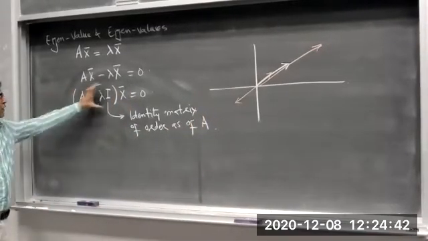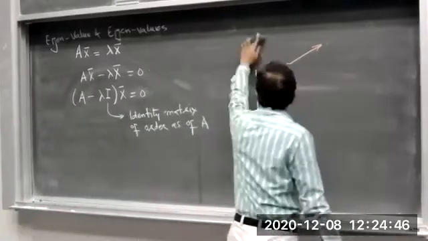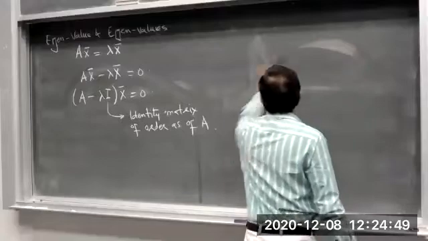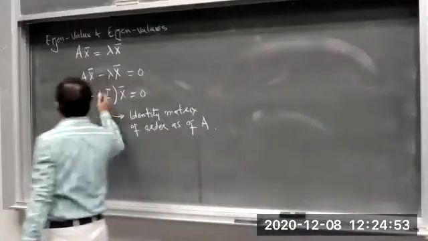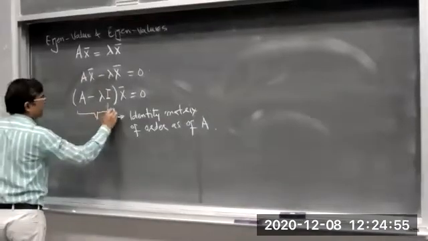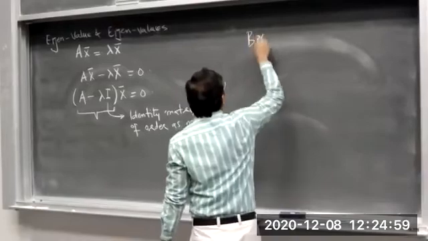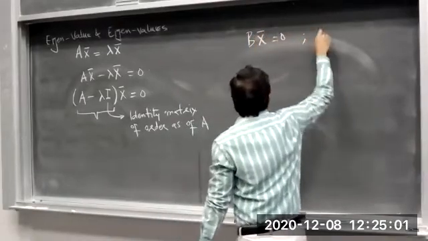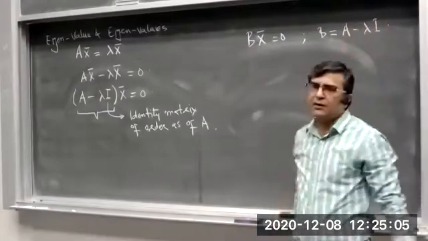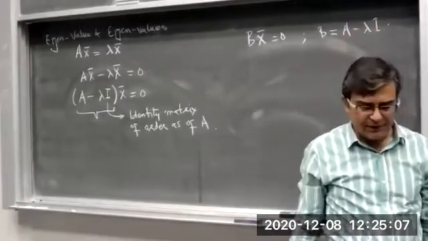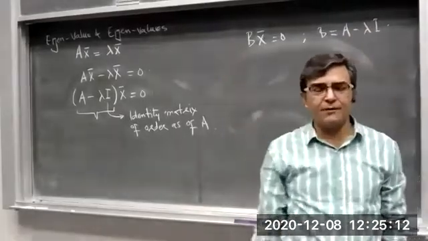So now, what is this? This is basically a homogeneous linear system, because it is nothing but a matrix times X. If we call it B times X is equal to 0, where B is A minus lambda I. This is what we discussed in the previous lecture while discussing the system of first order differential equations.